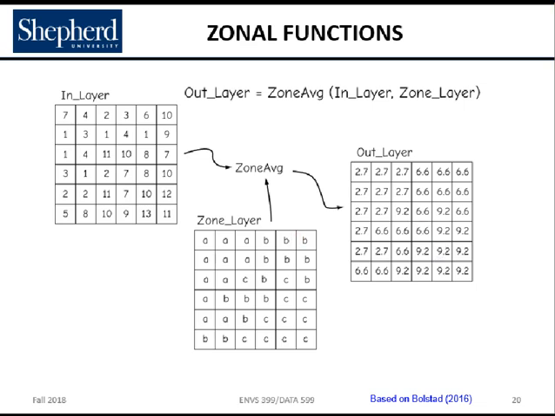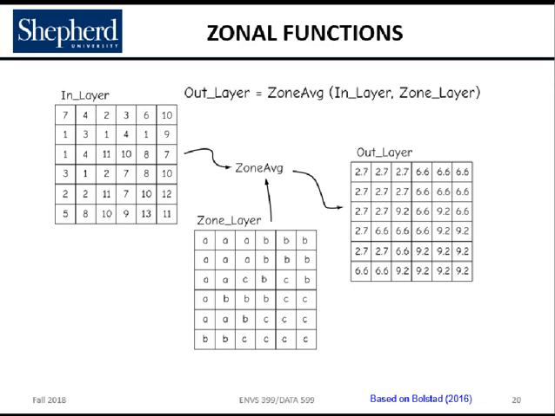Zonal functions apply operations based on defined regions or zones within an area. Typically, the zones are recorded in a data layer with a unique identifier for each zone. A function is then applied based on the zone. Zonal functions typically require compatible cell sizes.